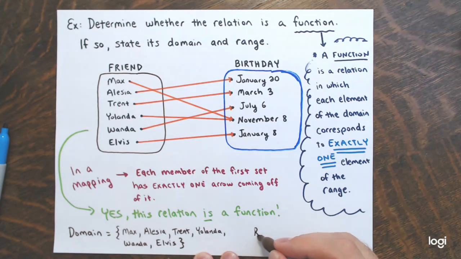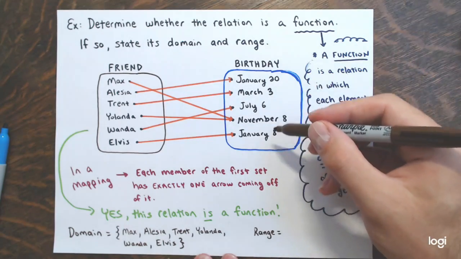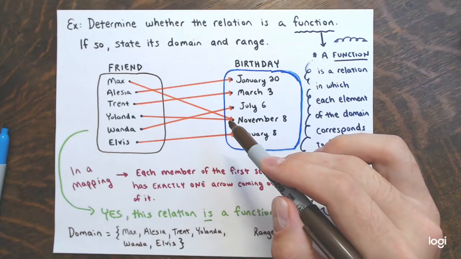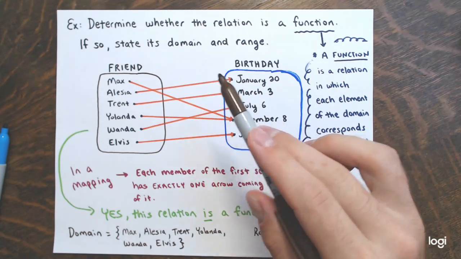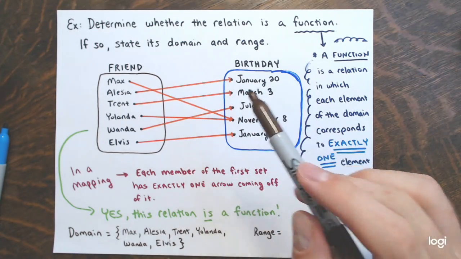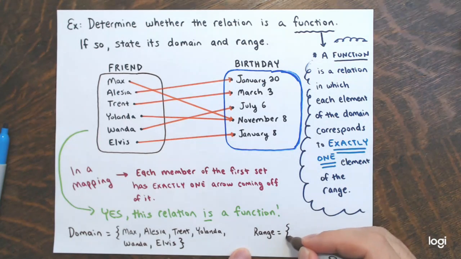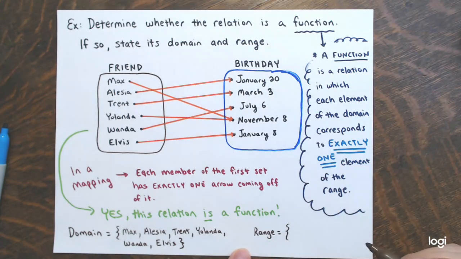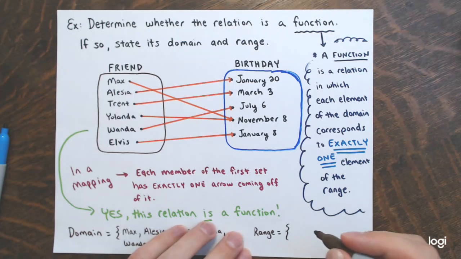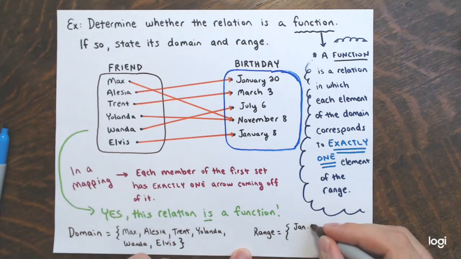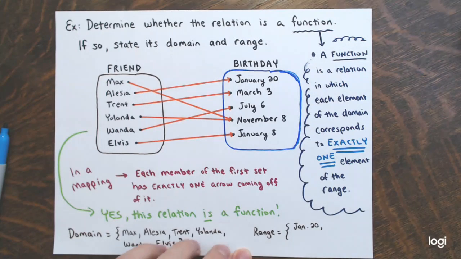Then the range is going to be made up of birth dates. So any birthday that actually has an arrow coming into it, or any birthday that corresponds to a friend, the birthday of a friend, belongs to the range. And we're seeing that all these dates, all 5 of them, would then belong to the range. So we got January 20th, I'm going to kind of abbreviate, sorry, this is January 20th is in the range.